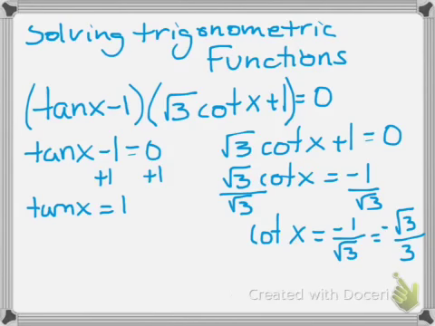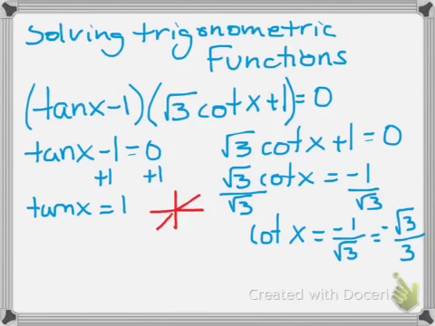Now we're looking for the angles. For which angle is the tangent positive 1? So I always like to make my little triangles. So the tangent is positive 1 in quadrant 1 and in quadrant 3.